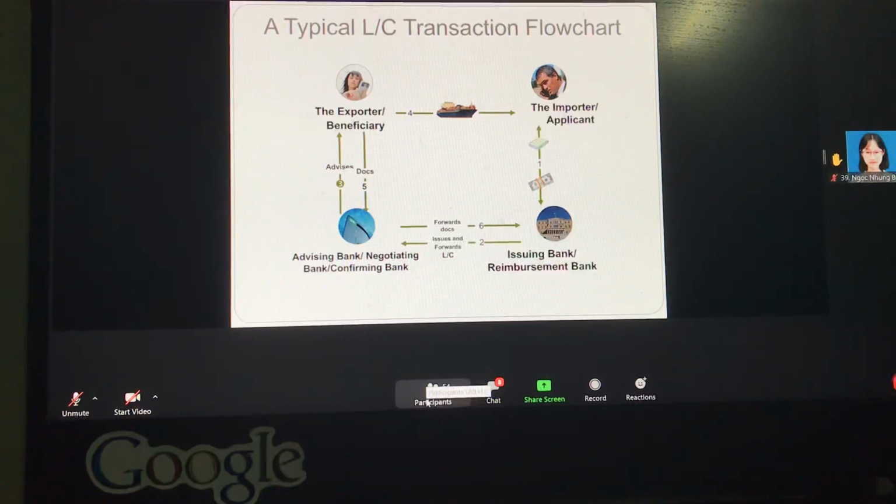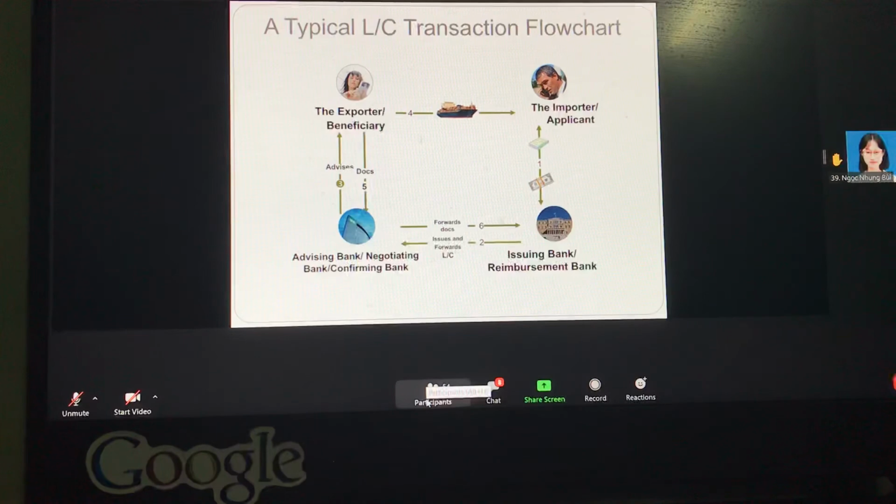You said that both the exporter and the importer face a risk because the importer cannot receive the goods. So I wonder, if the importer really wants to receive the goods, why didn't he or she accept the non-compliant documents?